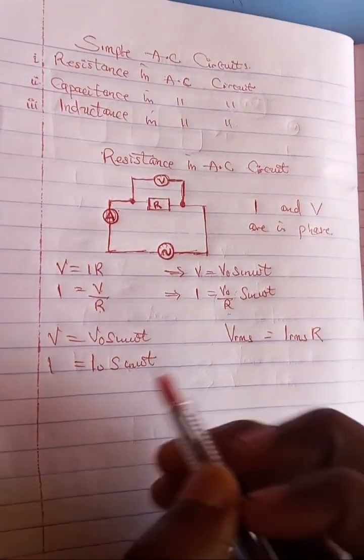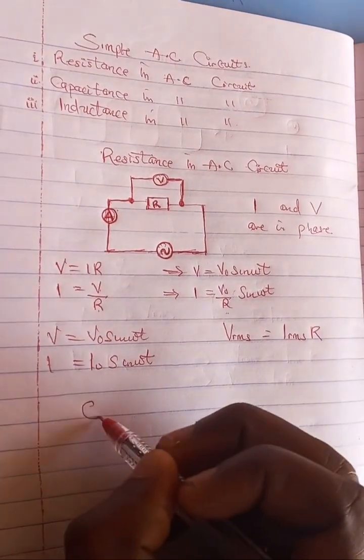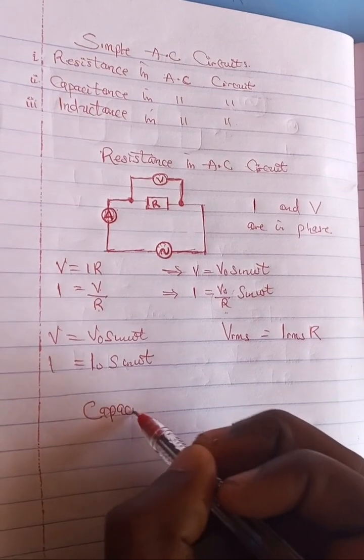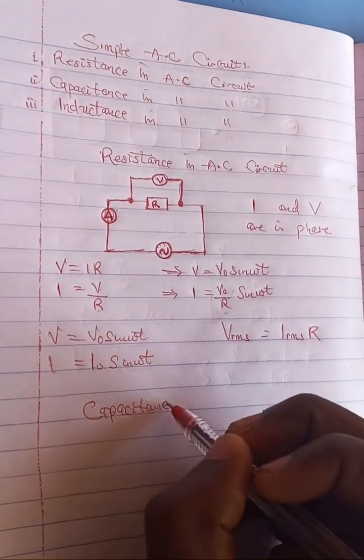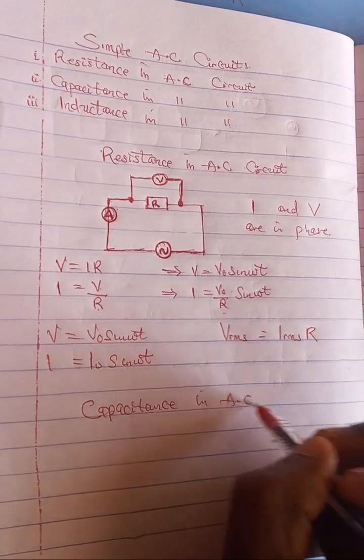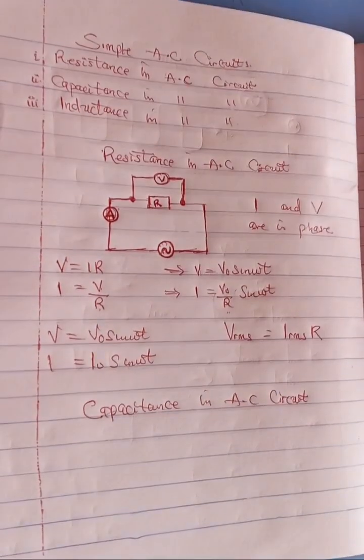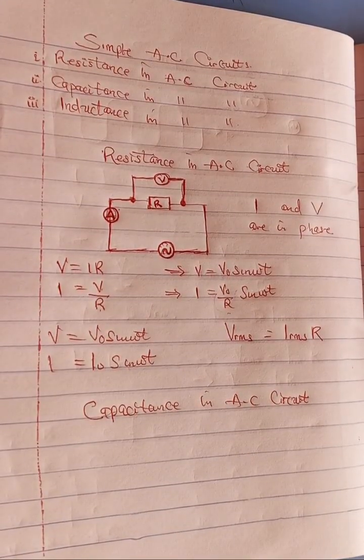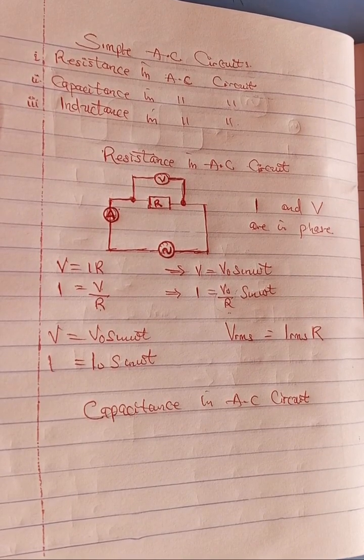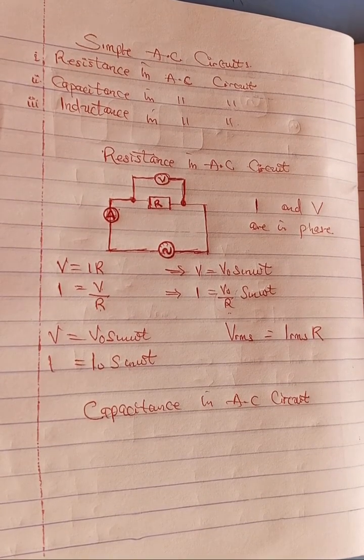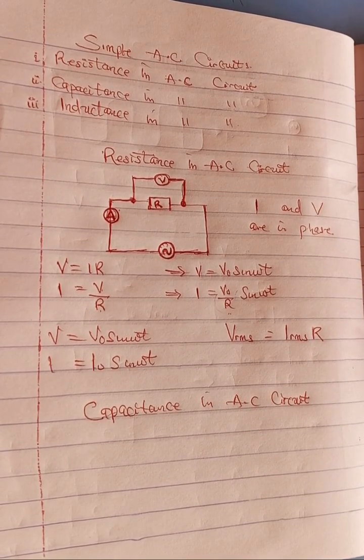And the second thing we'll take a look at is capacitance. Number 2, capacitance in AC circuits. When we have capacitance in an AC circuit, it is important to know that the current and the voltage are not exactly in phase, as in the case of a resistor.